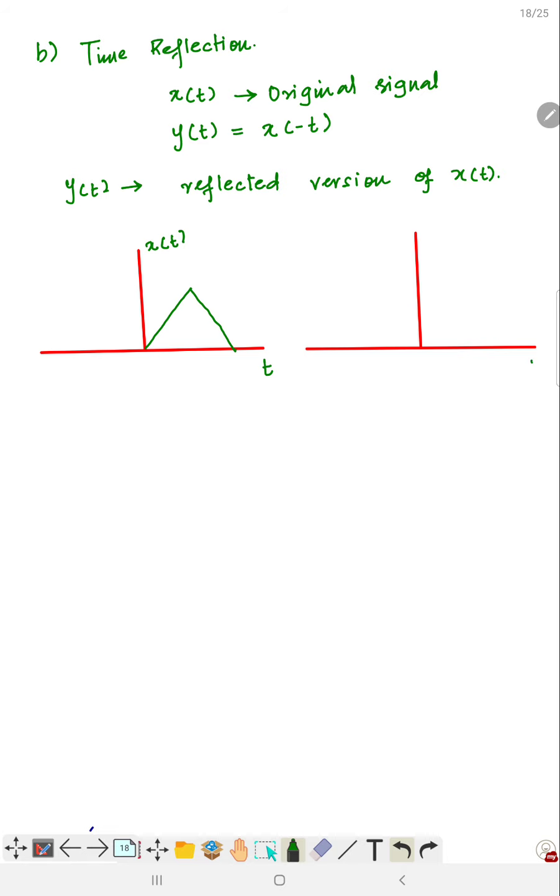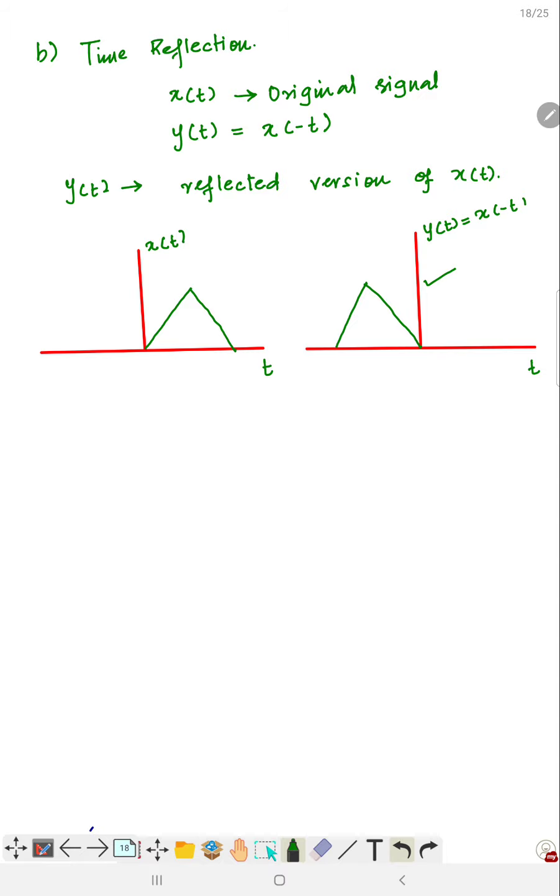So this will be y of t, which is x of minus t, so it will be on this side, something like this. So we say that it is the reflected version, and the reflection has been made about the amplitude axis. First it was on the right side of the amplitude axis, then when we time reflected it, it went to the left side of the amplitude axis.